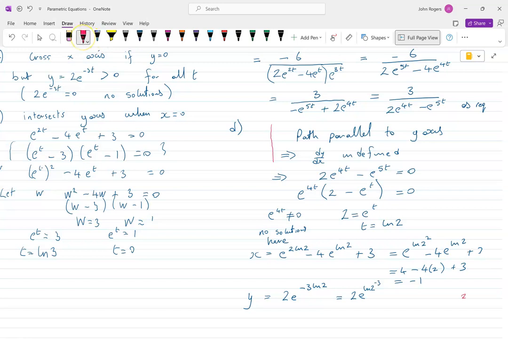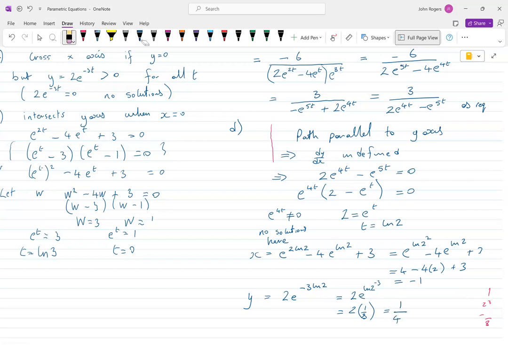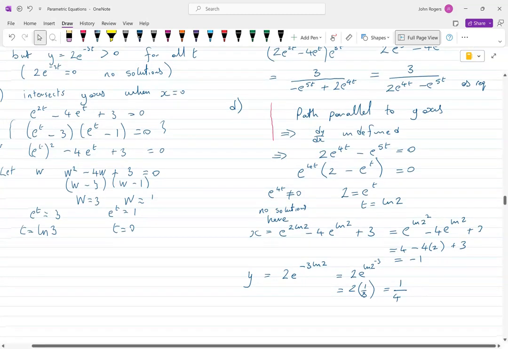Note that 2 to the minus 3 is equal to 1 over 2 cubed, which is equal to 1 over 8. So that's going to be equal to 2 times 1/8, which is a quarter. But as I say, the calculator will do it for you. So I'm not suggesting in the exam you would do that in this situation when the calculator does it.